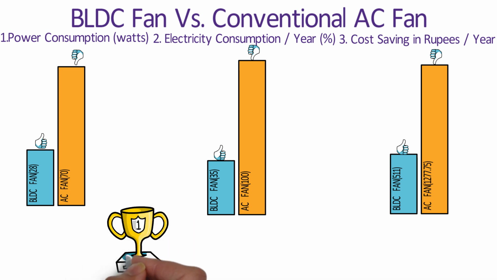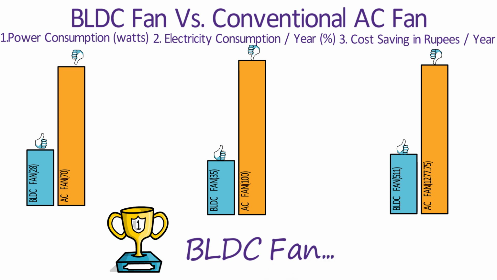Overall, the winner is BLDC fan. Obviously, BLDC fan price is 40 to 50% higher than conventional AC fan. That additional cost can be covered by electricity charge savings in 1 or 2 years. If you have planned to buy a fan, please go with BLDC fan.